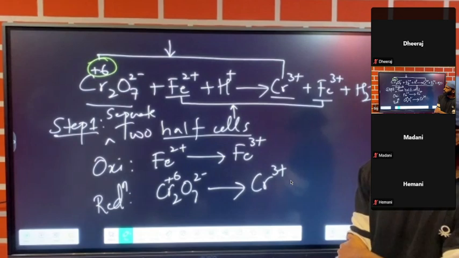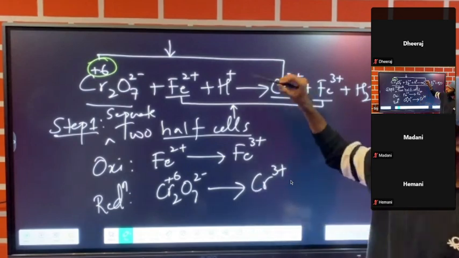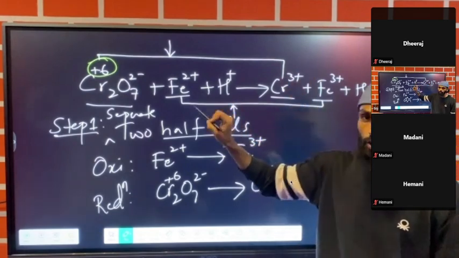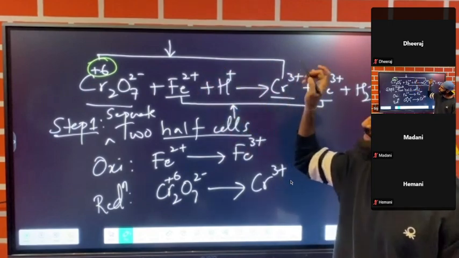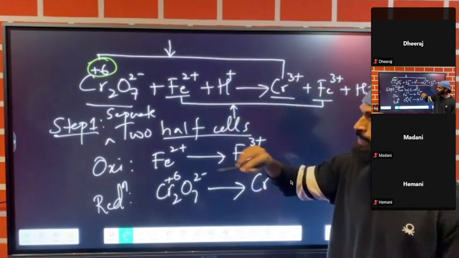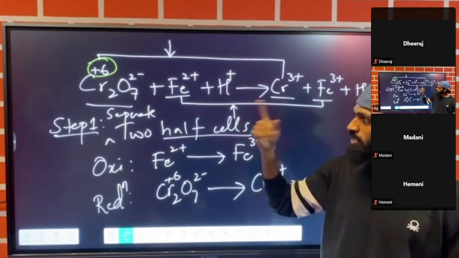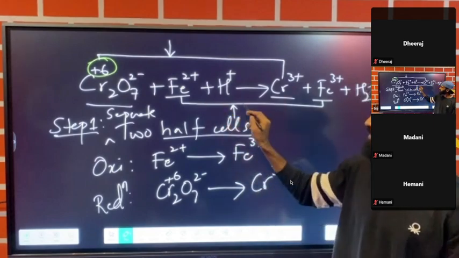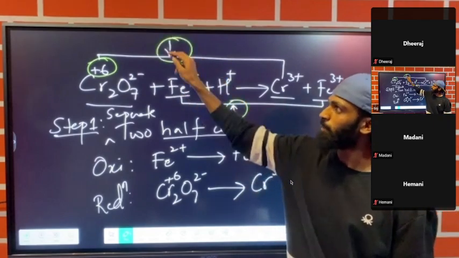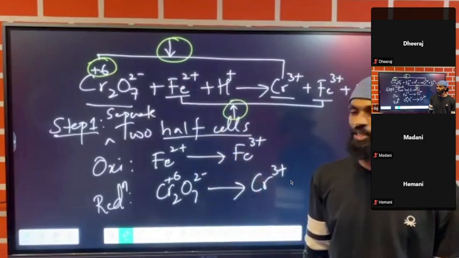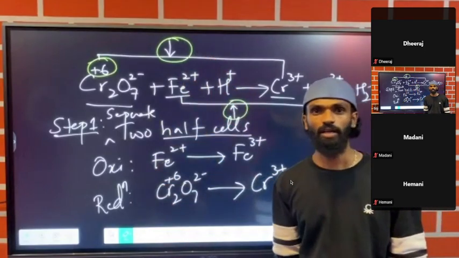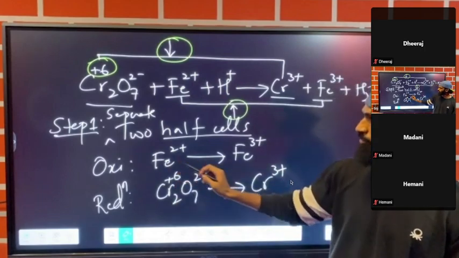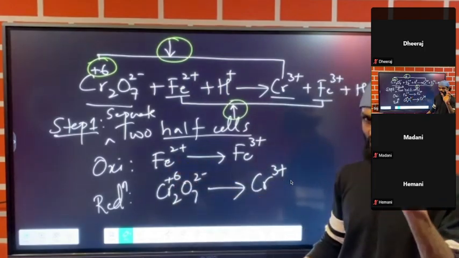Next, for whatever is required, you'll check where the oxidation number is increasing, where the oxidation number is decreasing. That's your job. Then you will separate them. Why are these arrow marks important? Because if the oxidation number is increasing, then it means oxidation half. If the oxidation number is decreasing, then it means reduction half. You gotta keep this in mind. Now, oxidation half, reduction half, you separate them. It's important for you to separate.